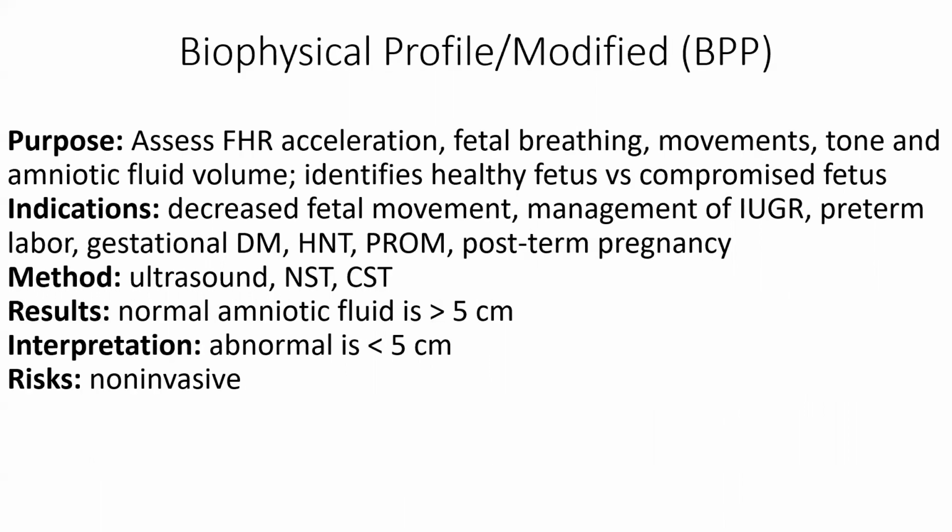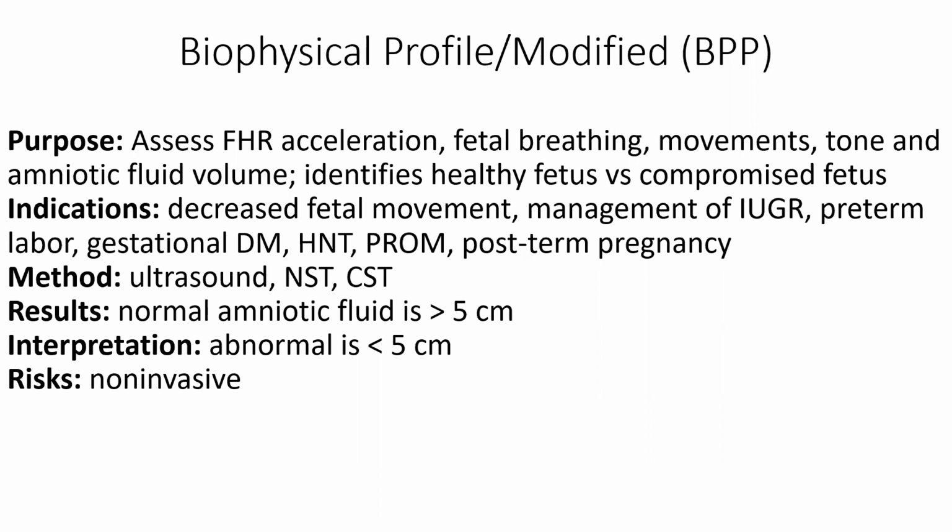We have the biophysical profile right here. This method is used to assess fetal well-being at around 23 to 24 weeks. This determines a score on 5 criteria, including breathing, body movement, muscle tone, heart rate activity, of course, and amniotic fluid volume.